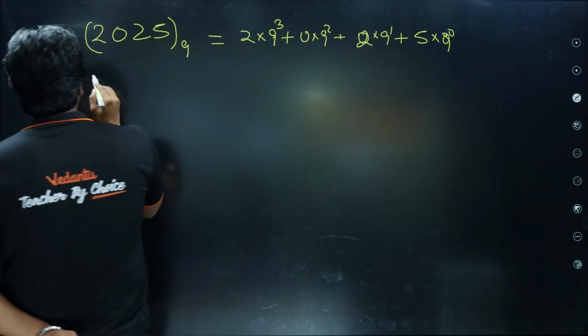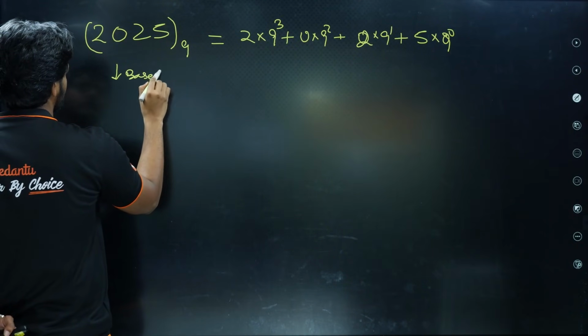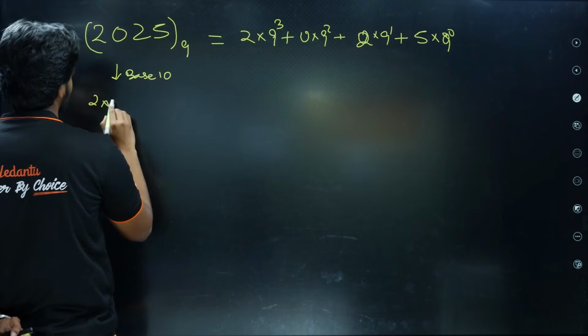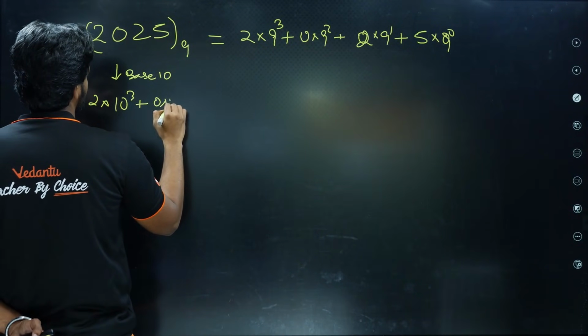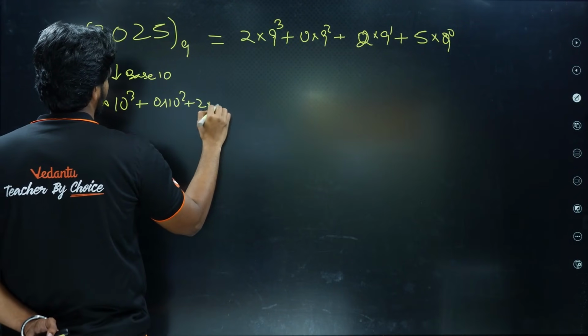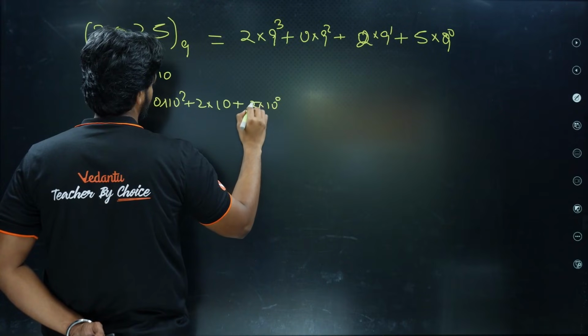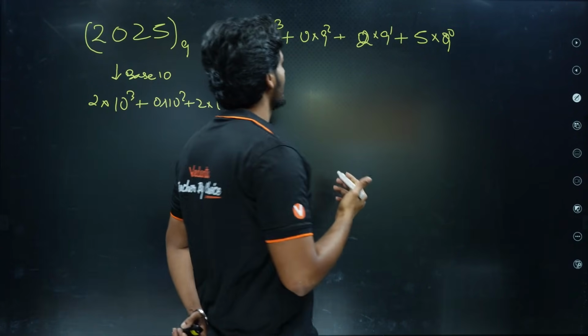Because in base 10, what do we write? Had it been base 10 instead of 9, it would be 2 into 10 cube plus 0 into 10 square plus 2 into 10 plus 5 into 10 power 0, right? So that would be the thing.